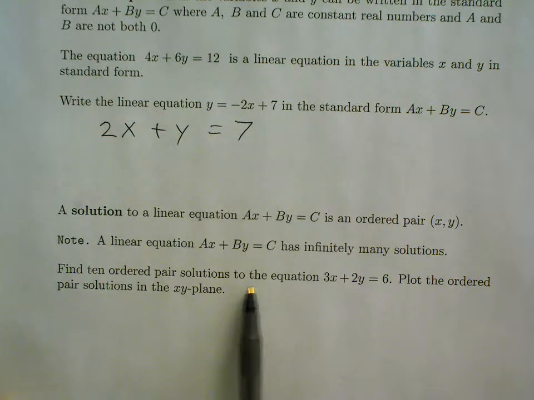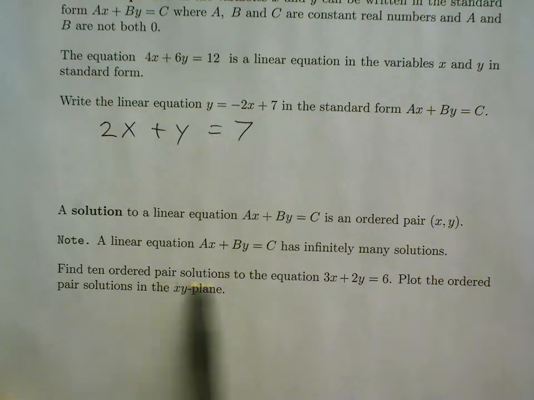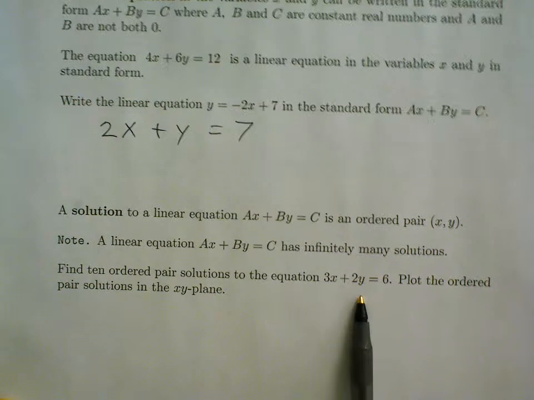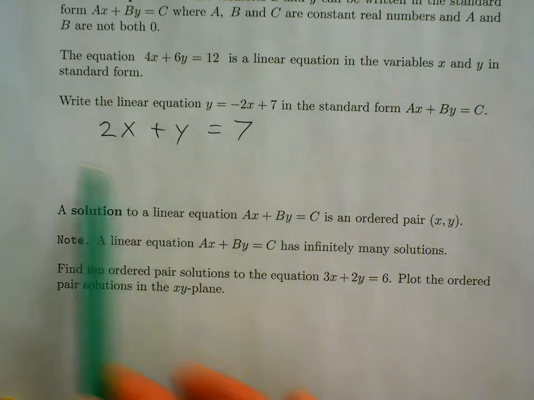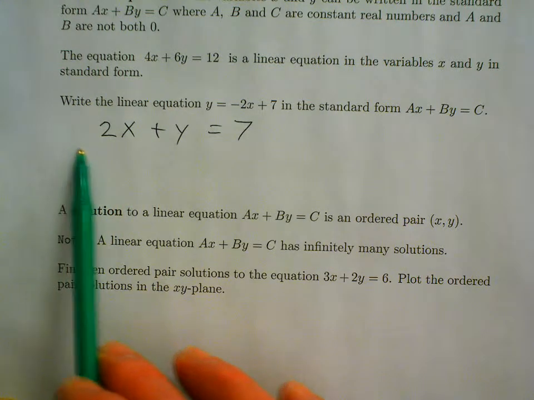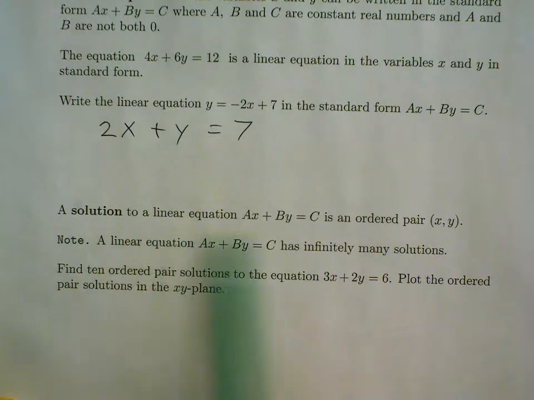So in a minute, we'll find some solutions to this equation, 3x plus 2y equals 6. But let's discuss what it means for an ordered pair to be a solution.